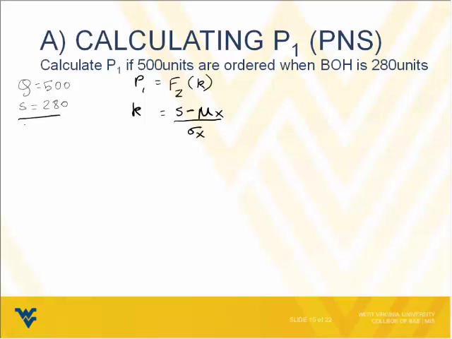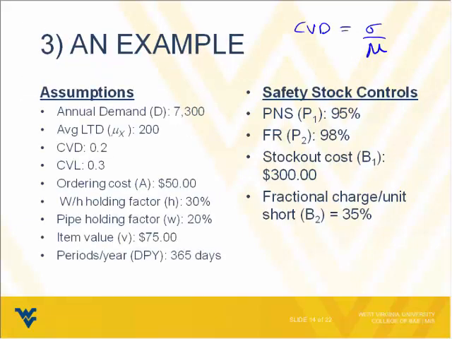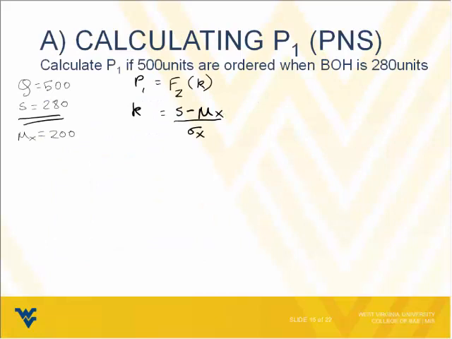We know that S is equal to 280, and we know that the average of lead time demand is equal to 200, from what's given to us. If you go back and look at the problem, our average of lead time demand is 200 units. Then we also know that we have a total of 7,300 units of annual demand.